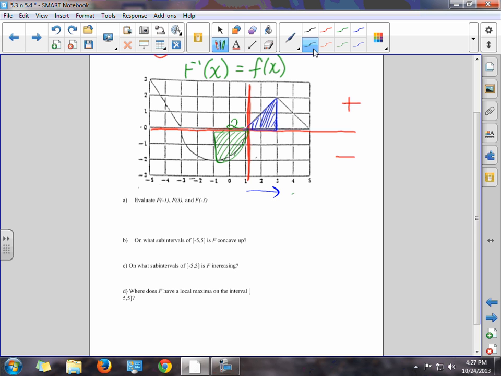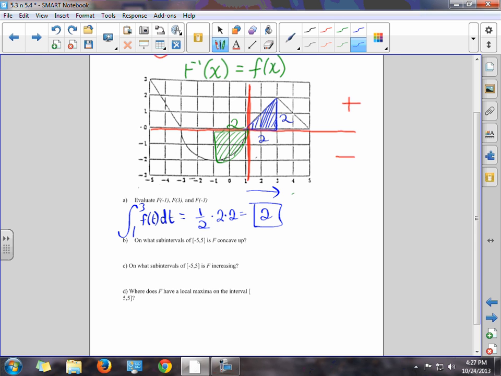I know the formula for a triangle. So this is the integral from 1 to 3 of f of t dt, which is equal to 1/2 base times height. The base of my triangle is 2, and the height is 2. So that's 1/2 times 2 times 2, which is just 2. The area is positive. It's above my x-axis. So that one's pretty easy.